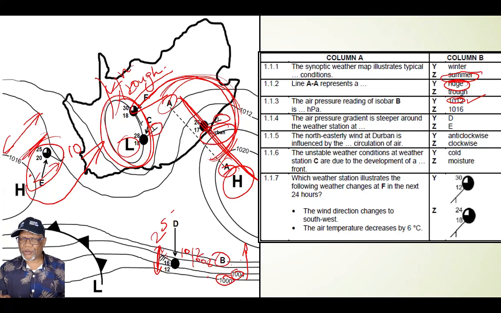Okay, now let's continue here. The unstable weather conditions at weather station C. This is weather station C. Why do we say the weather conditions are unstable? The weather conditions are unstable because you can see clouds here. The clouds are an indication of unstable weather conditions.